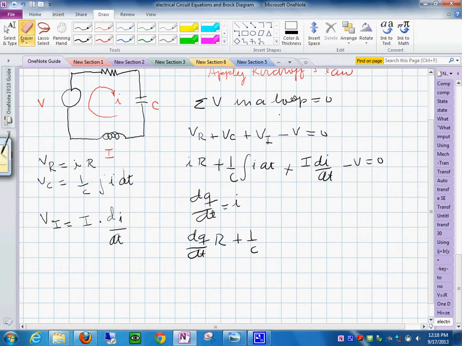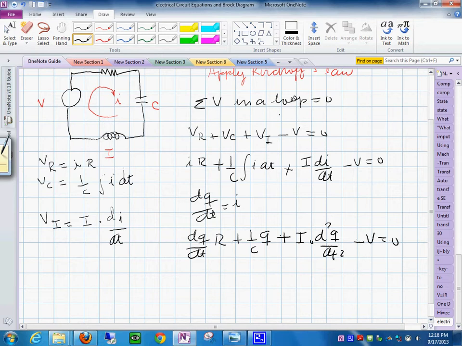This is 1 over C times Q. And the current derivative would be plus L times d squared q dt squared. Okay, so that's the 3. You could say this is minus V equals 0.